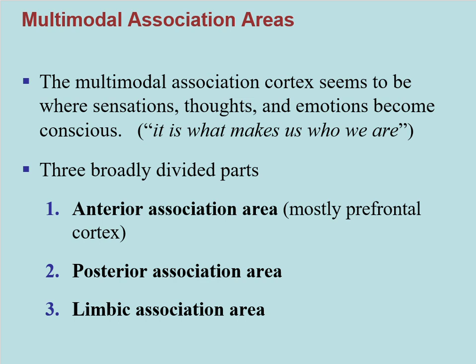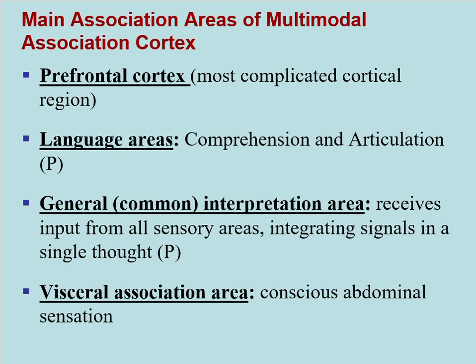So there are three broadly divided parts for the multimodal association areas. There's the anterior association area, which is mostly your frontal lobe and the first part of it called the prefrontal cortex. There's a posterior association area and a limbic association area. Your prefrontal cortex, of the anterior or front association area, is definitely the most complicated cortical region.